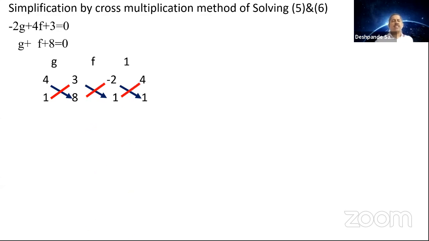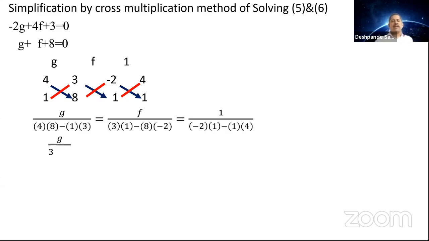So you can write g divided by 4 into 8 minus 1 into 3 is equal to f divided by 3 into 1 minus 8 into minus 2 is equal to 1 divided by minus 2 into 1 minus 1 into 4. So you get 32 minus 3 for g divided by 3 plus 16 for f is equal to 1 divided by minus 2 minus 4.